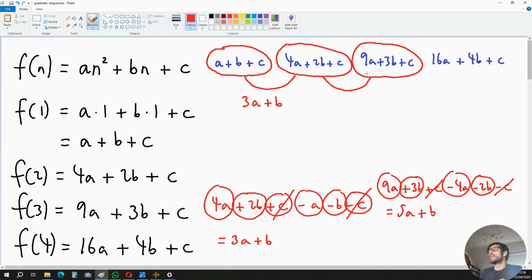So the difference between the third and second term is 5a plus b.